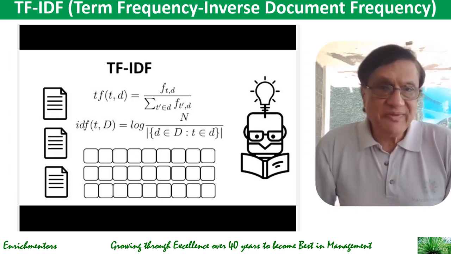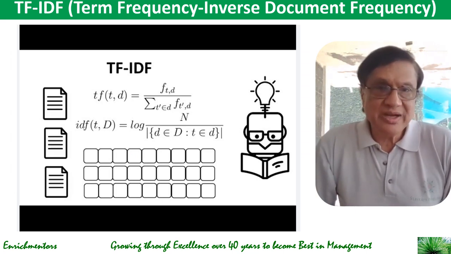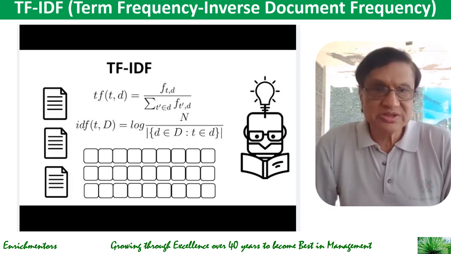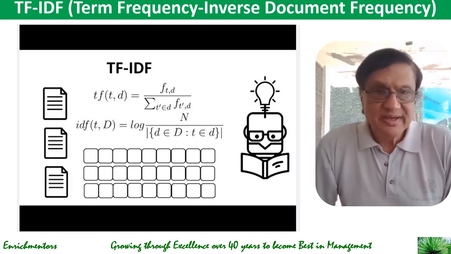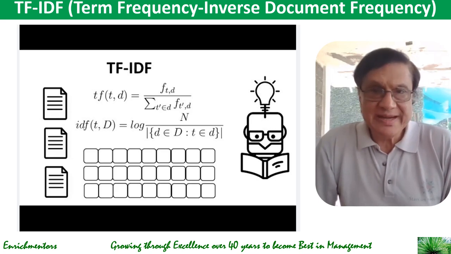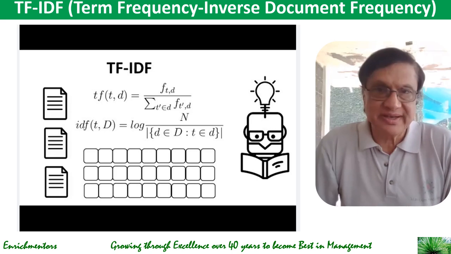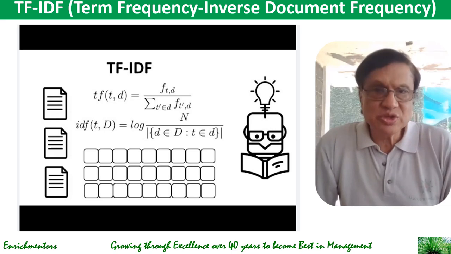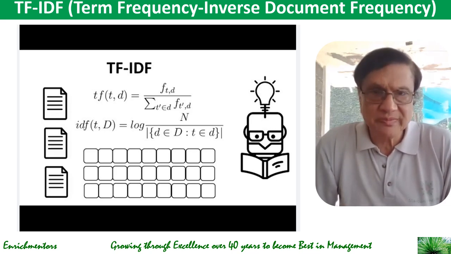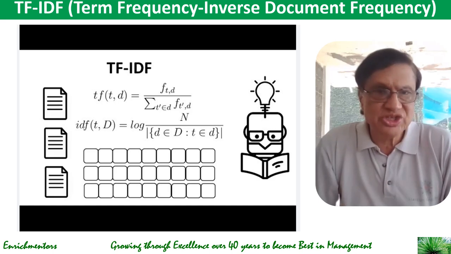So TF-IDF, standing for term frequency-inverse document frequency, is a technique used in natural language processing, NLP, and information retrieval to quantify the importance of a term, that is a word, in a document relative to the collection of documents.